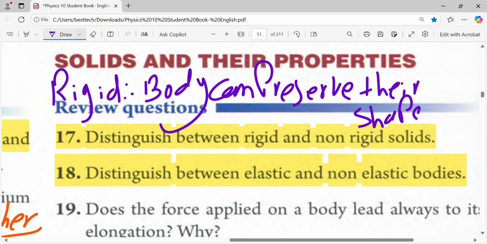For example, any structure or shape can preserve its shape when you apply force on it.